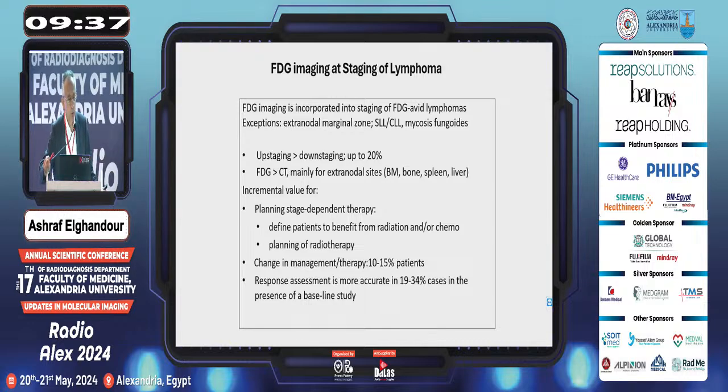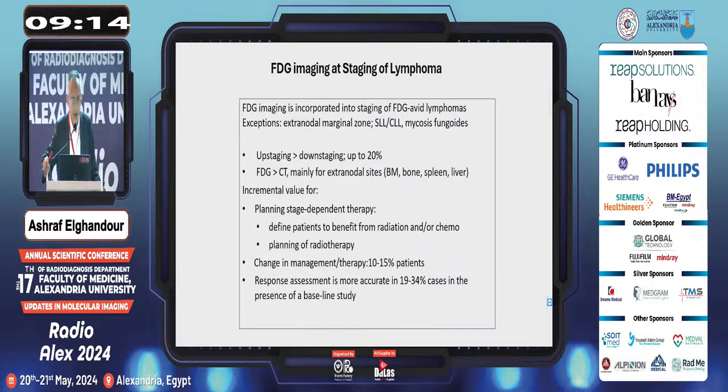In staging of lymphoma, there is upstaging or downstaging in up to 20% of cases. So it's very important for you to do PET-CT upfront. It's for extranodal sites, which is very important, for bone marrow, which has been mentioned by Dr. Ahmed, as well as liver.